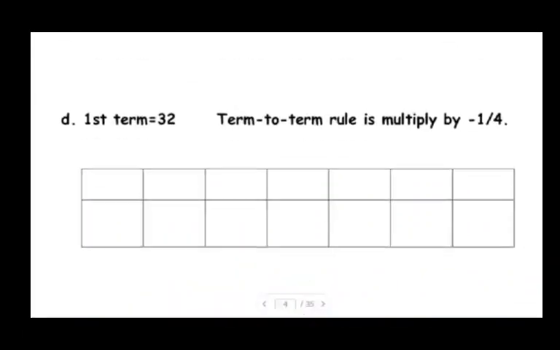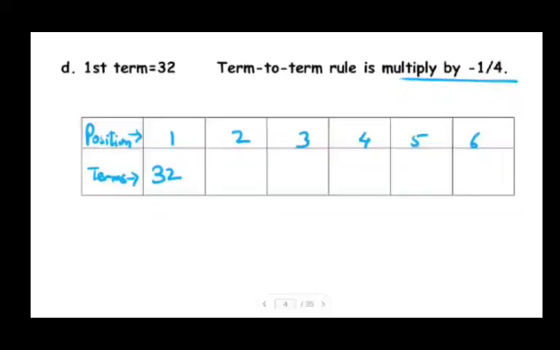Our fourth sum says, position, terms, 1, 2, 3, 4, 5, 6. First term 32. Term to term rule, multiply by minus 1 upon 4, children.